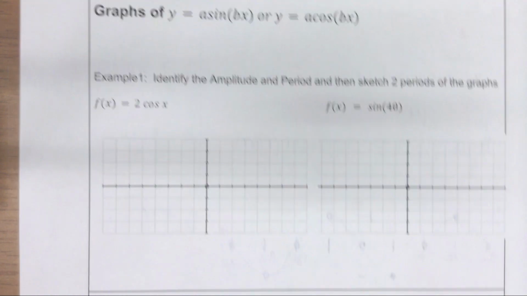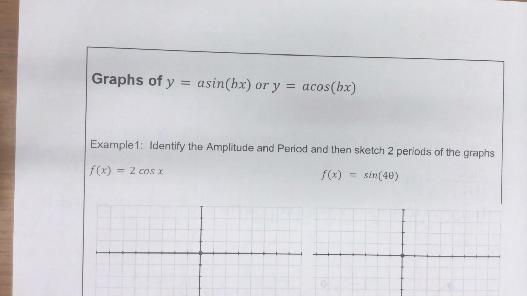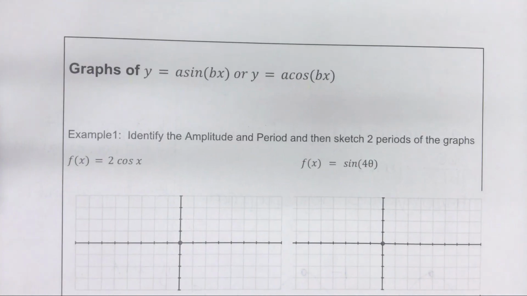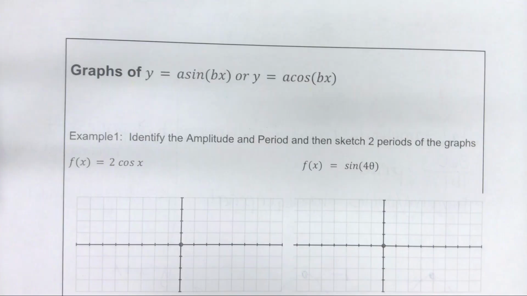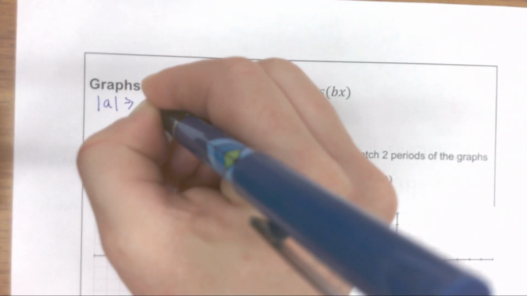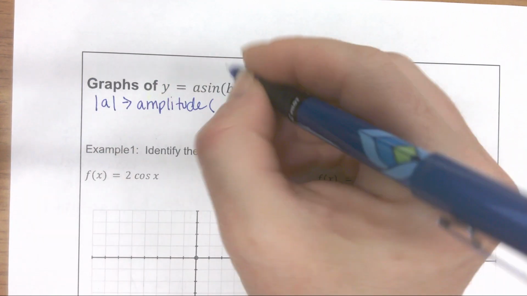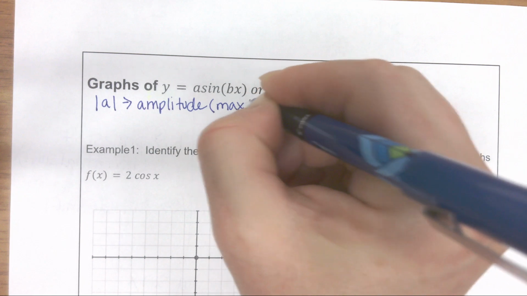So what we're going to do today is change our amplitude and periods. Just a reminder from earlier on, if you see these two curves today, this A is the amplitude, and this is going to change the max and the min around.